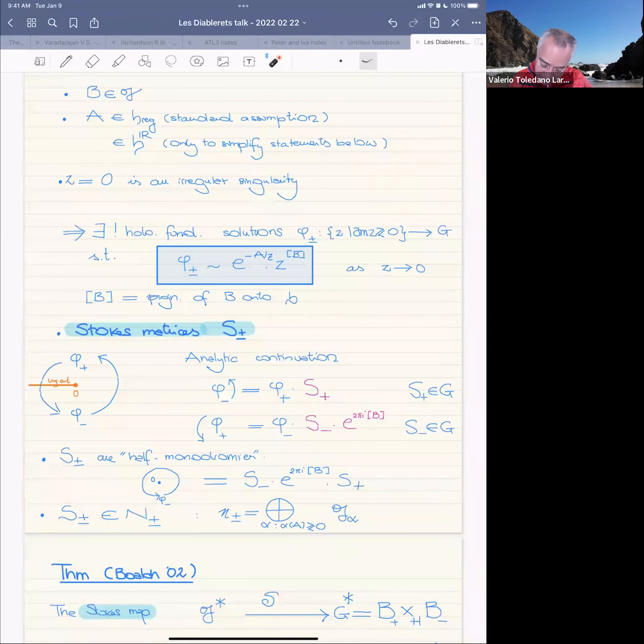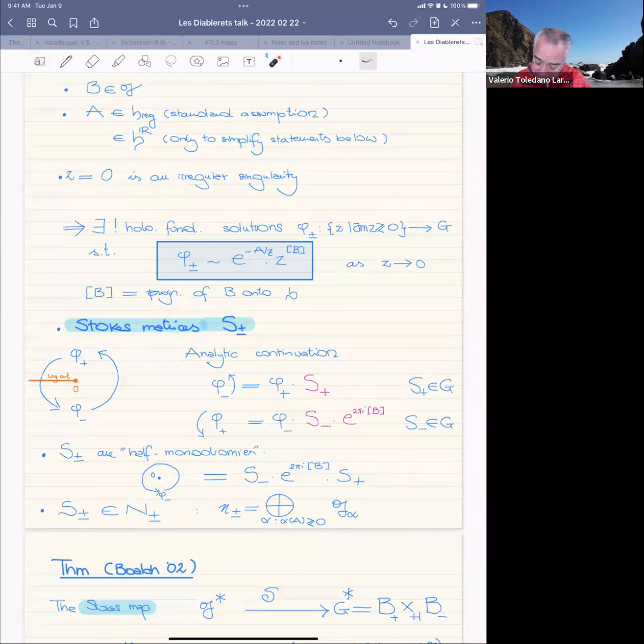And likewise, I can take phi plus and do a half turn of that, analytically continuing it counterclockwise to phi minus. And so it's going to differ by a constant. But here I did something which I didn't do before, which is that I also crossed the log cut. And so I'm going to add a factor of e to the 2 pi i diagonal part of b to correct for that.